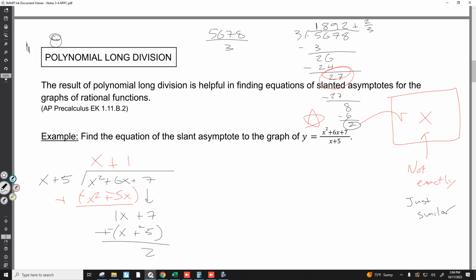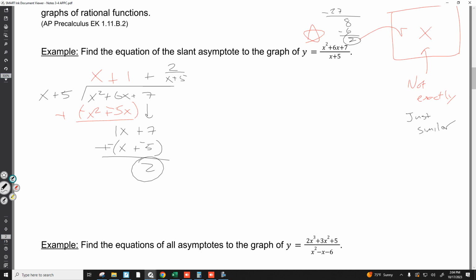We get a remainder of 2, which means we need 2 more over x plus 5. Now, what we just found is that y equals x squared plus 6x plus 7 over x plus 5 equals x plus 1 plus 2 over x plus 5.